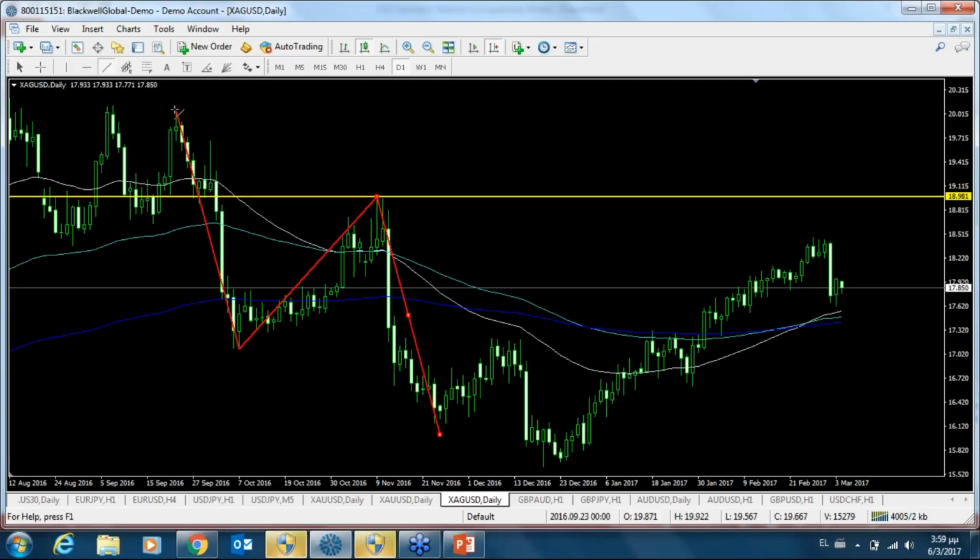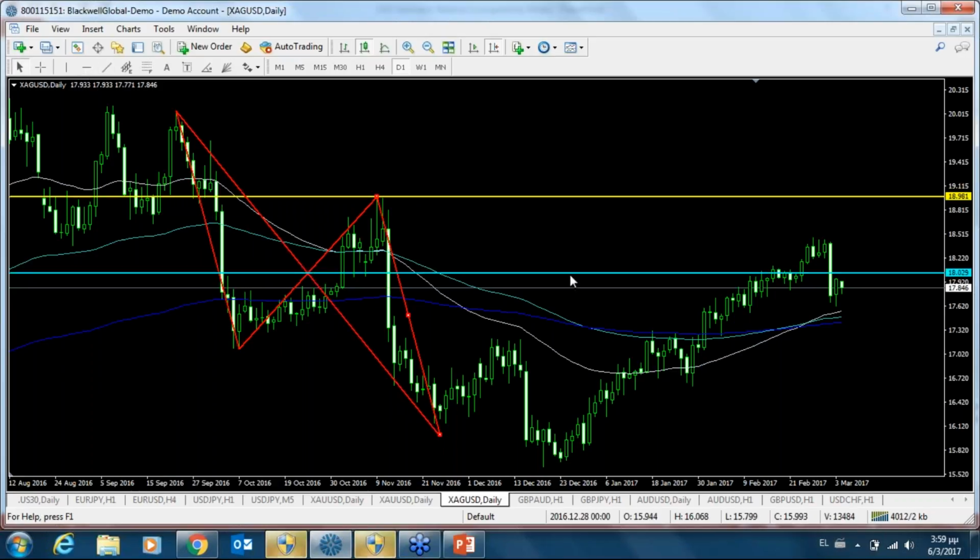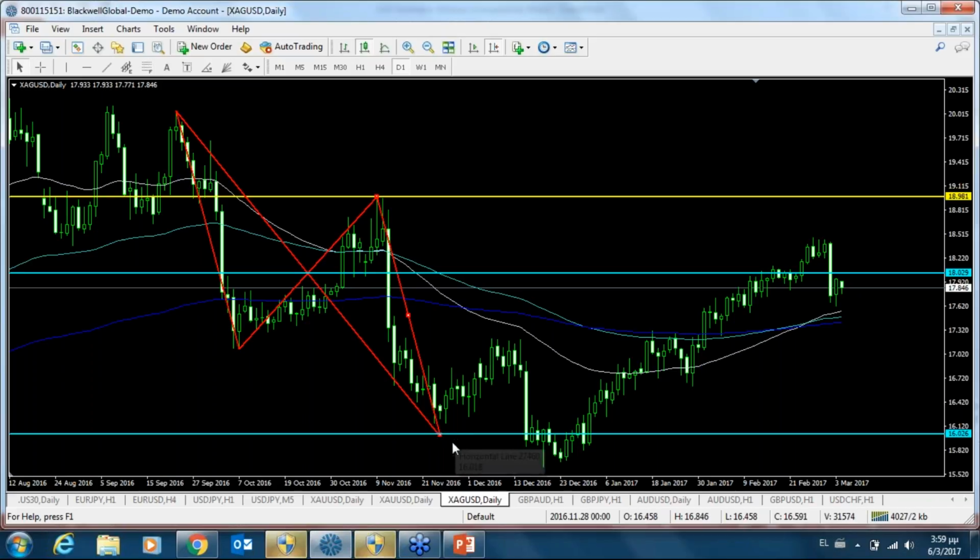And where would you enter? You would convert that into a geometric pattern right there and take that center point. Under the center point, you would sell, and that's your take profit area right there. But this is the point where we trade in stages. Because it's an ABCD pattern, it does not give me that D to E potential to tell you that you can then buy once it reaches there to go up.